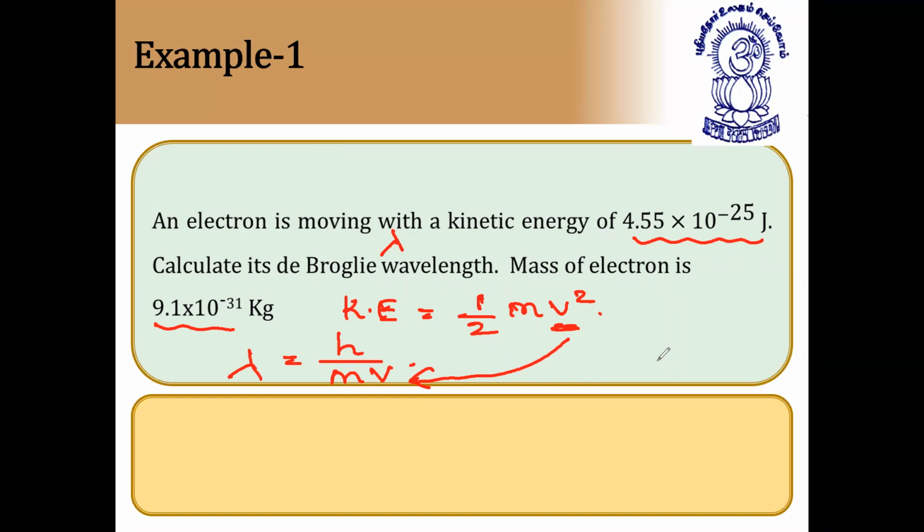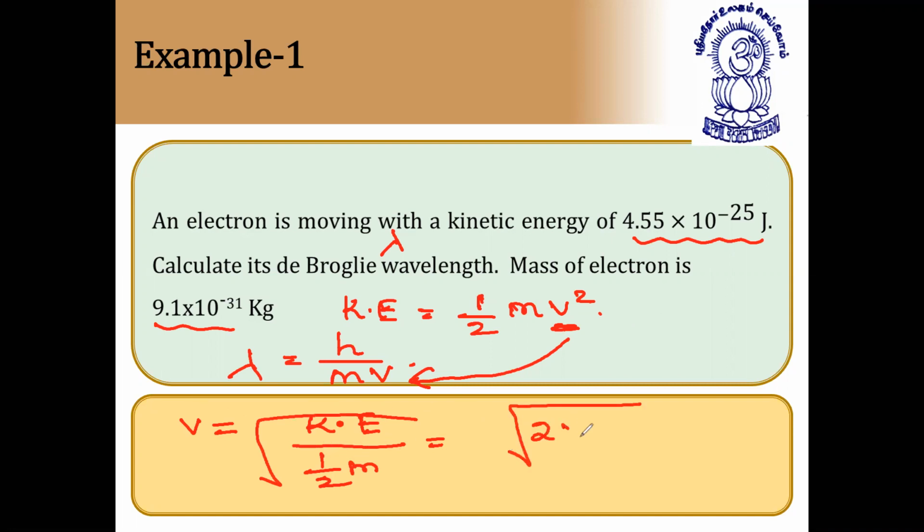Mass is also given here, so straight away we can substitute into the formula and find the answer. v is equal to under root of 2 into kinetic energy, not kinetic energy by 2, 2 into 4.5 × 10^-25 divided by mass of electron, that is 9.1 × 10^-31 kg, all under root.